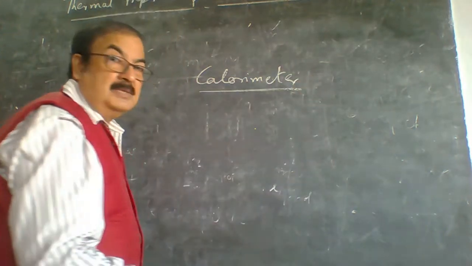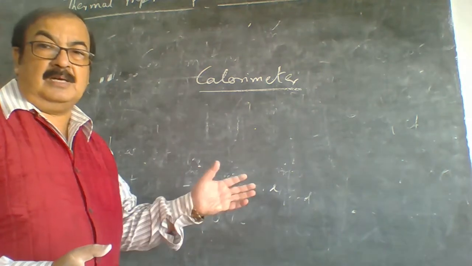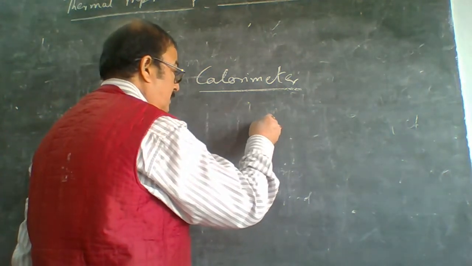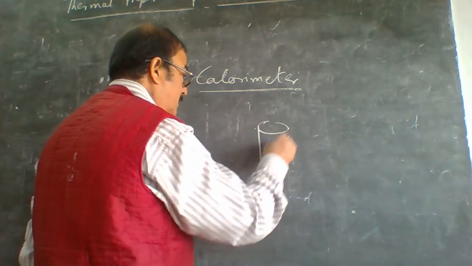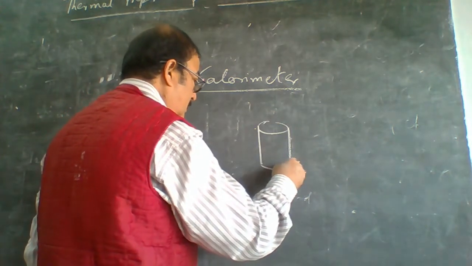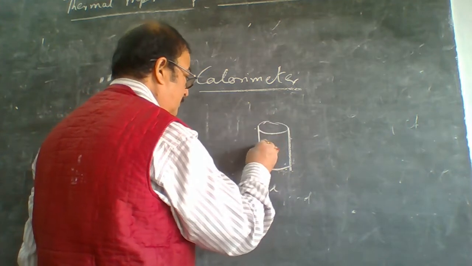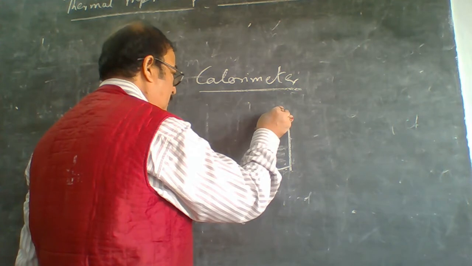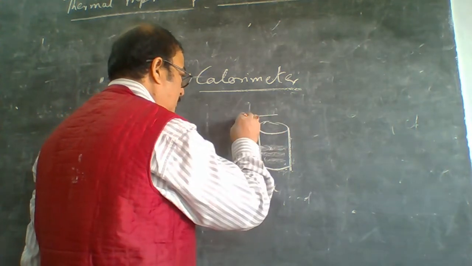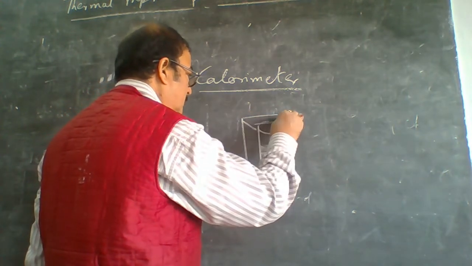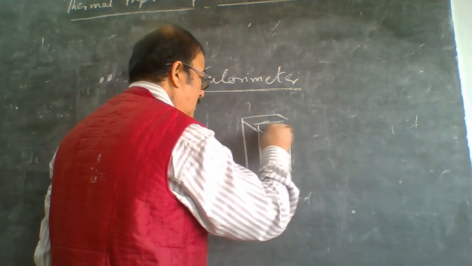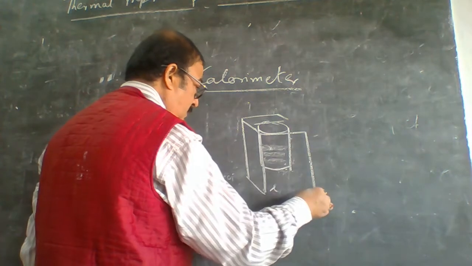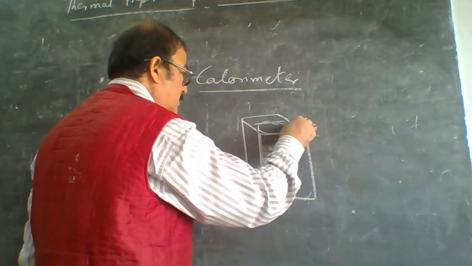It is a device, a measuring instrument of heat. We can have one cylinder that is filled with some liquid, water or any oil, and it is placed in a wooden frame which is totally insulated.